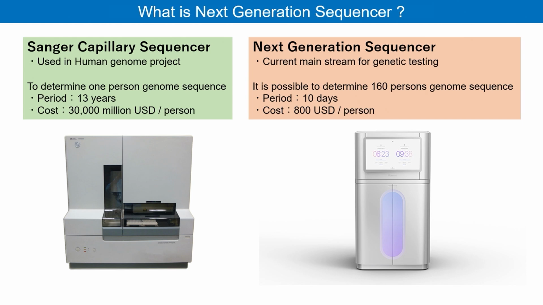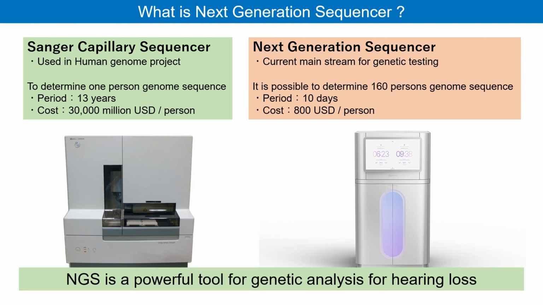And now we can access the next generation sequencer. It is possible to determine 160 person genomes at the same time within 10 days. And the cost is only $800 US per person. So next generation sequencing is a very powerful tool for the genetic analysis of hearing loss.